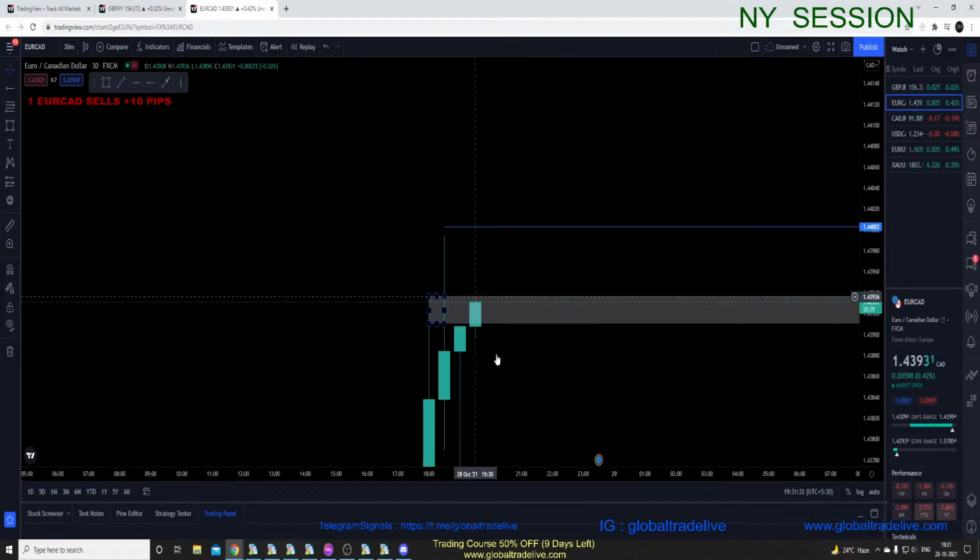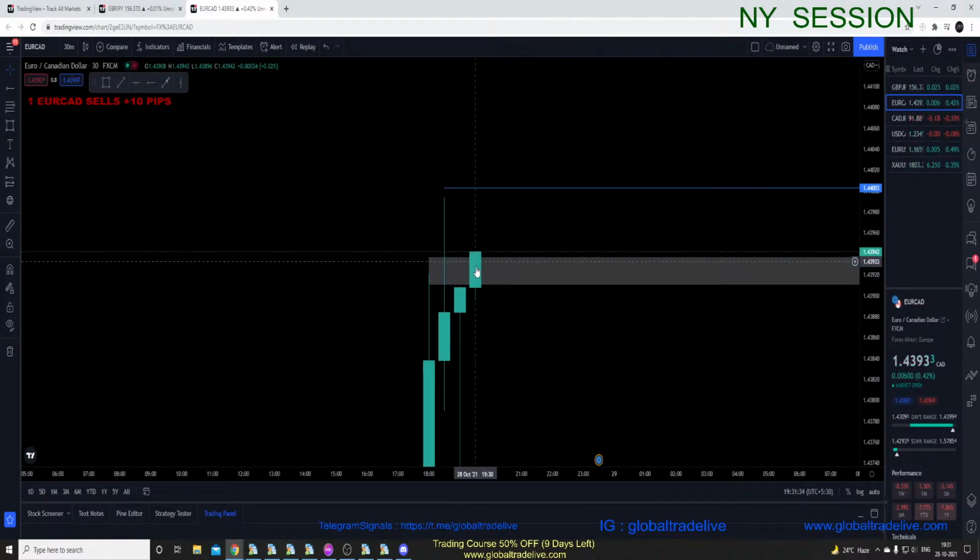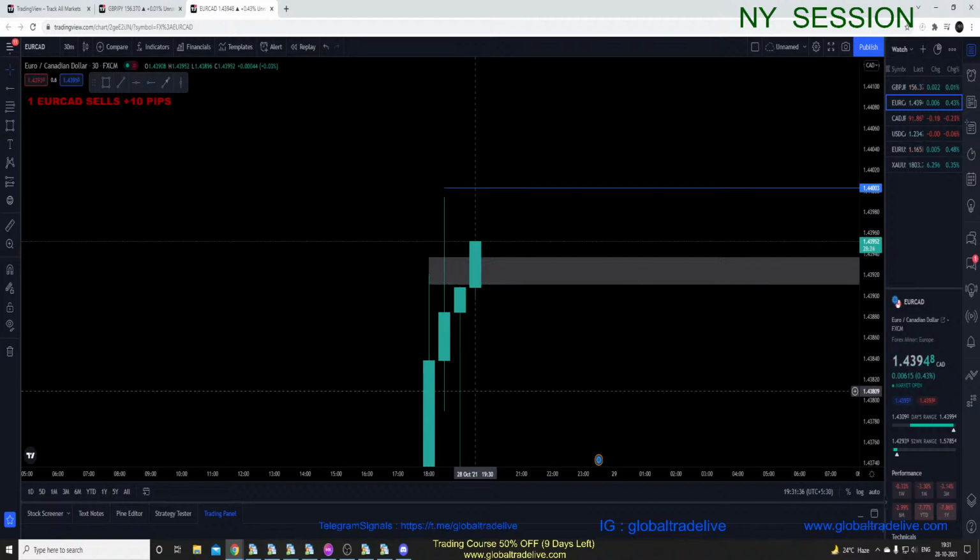So I think this 30-minute candle might just go down first to fill the wick of the previous candle.